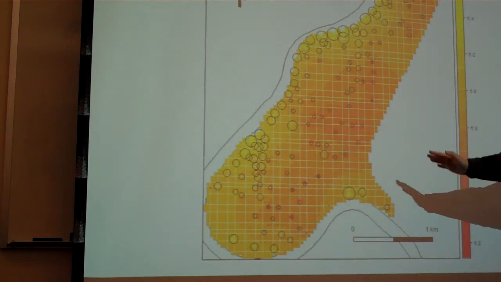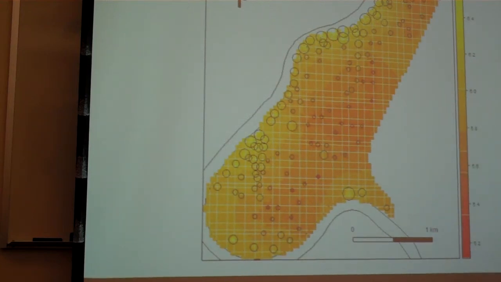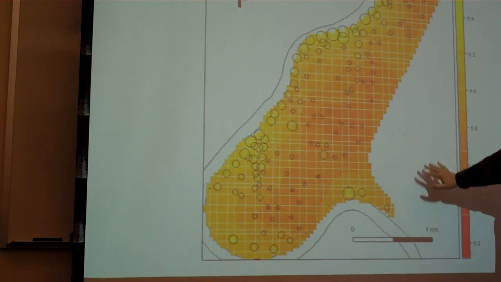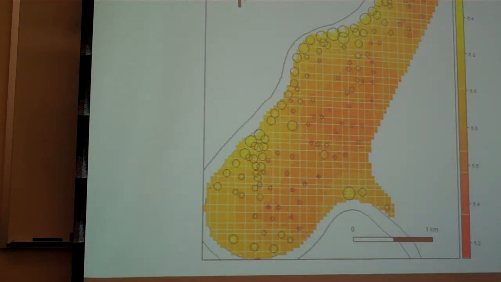So the mapping tools are pretty crude compared to GIS. The spatial package in R can read shape files and so forth, and can export shape files.